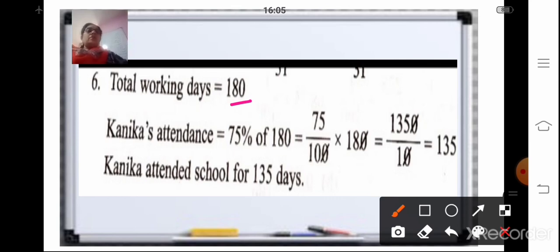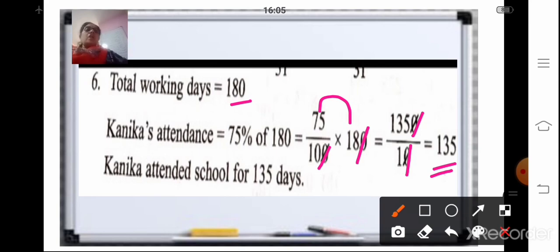Now this 0 is cancelled here. So 75 multiplied by 18 is 1350 divided by 10. Again you can cancel the 0. That will be 135 days. So Kanika attended school for 135 days.